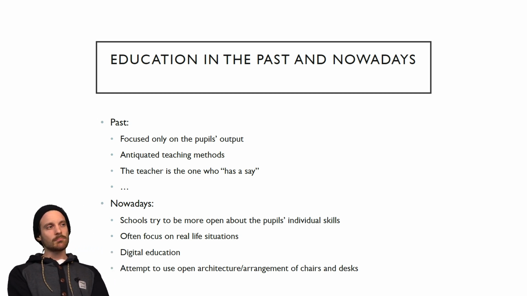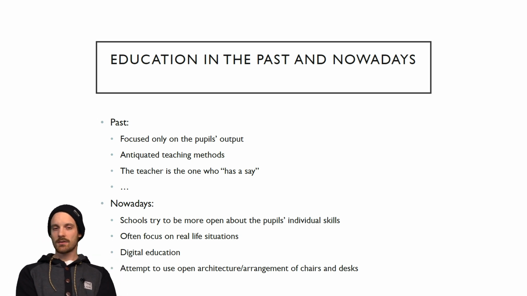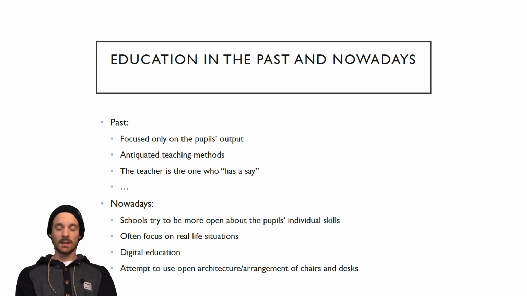So now we're going to talk about the past and the present of the education system in Austria, or in general, but I tried to focus on past education and modern education in Austria.